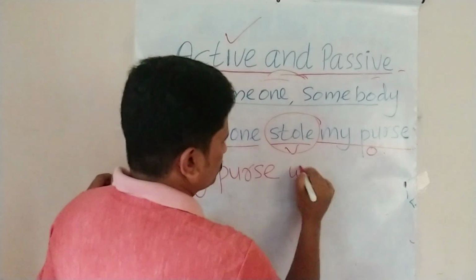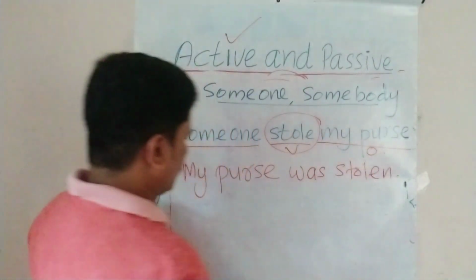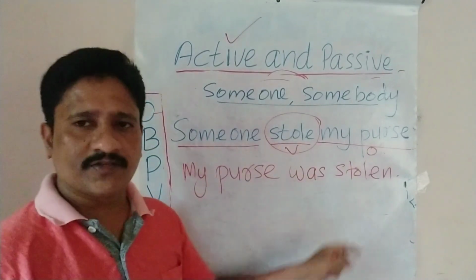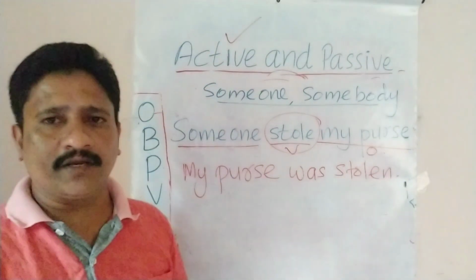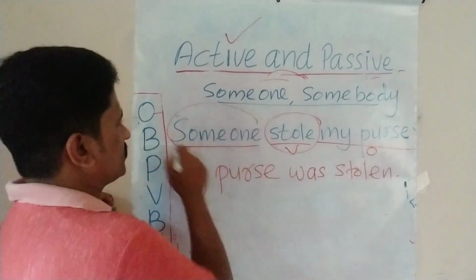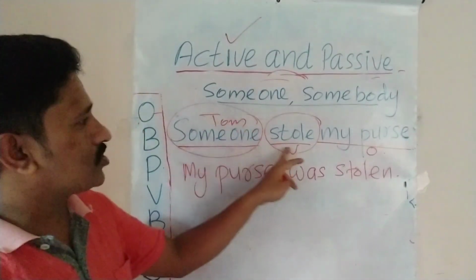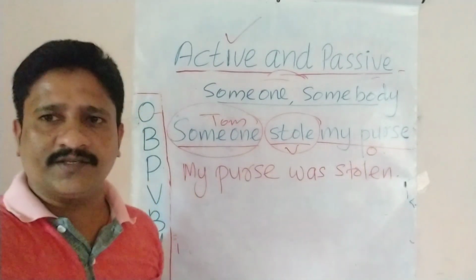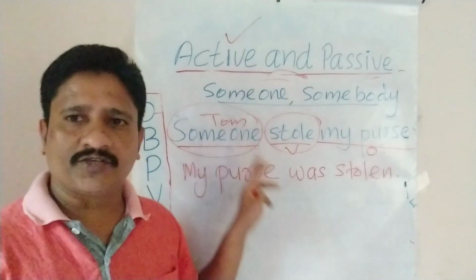So we use was, stolen. My purse was stolen. It's not required to say by someone. But had it been the name of a person, if it is Tom stole my purse, in such a case you will have to use my purse was stolen by Tom.